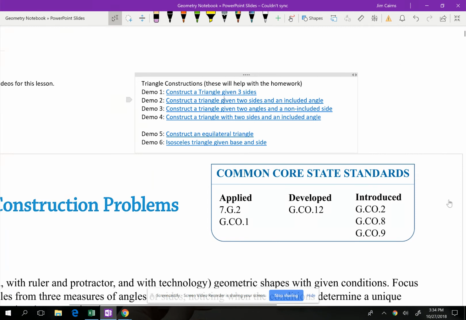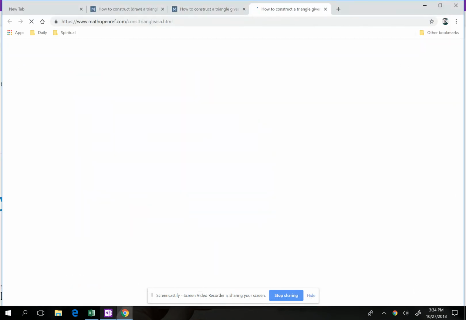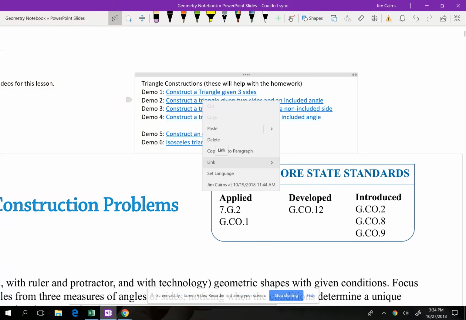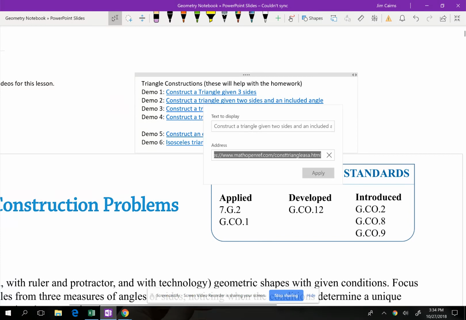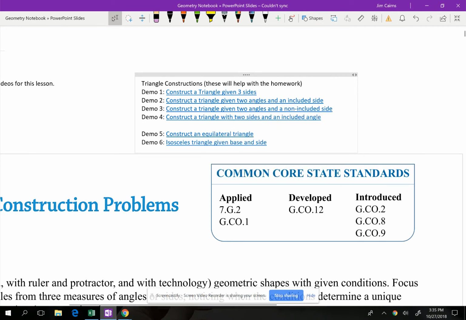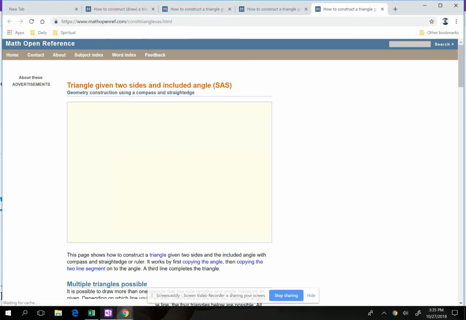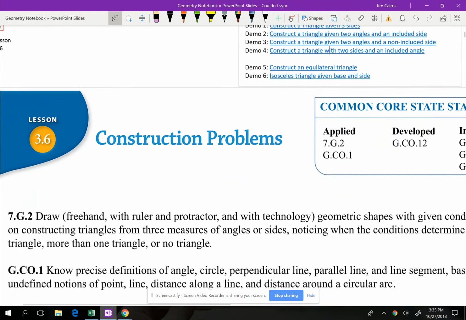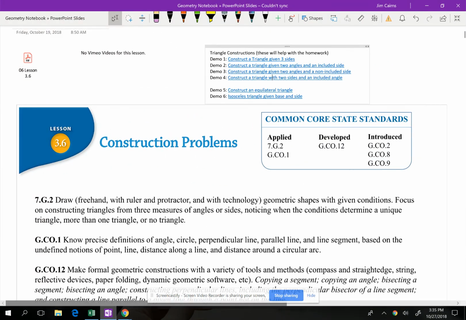Let me actually, this link needs to get fixed. Okay, there we go. And this one should be SAS. There we go. Beautiful. So that goes over the different constructions.